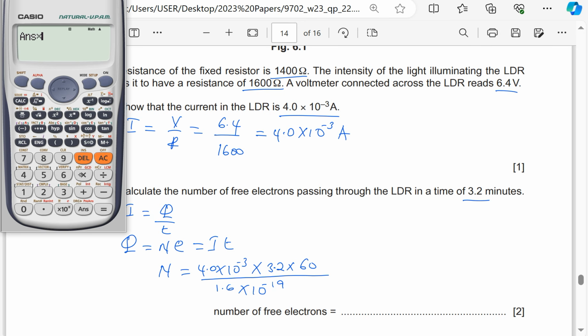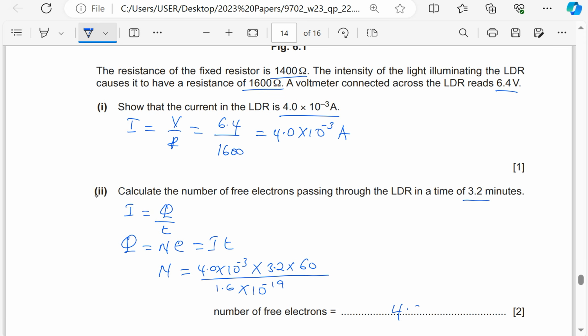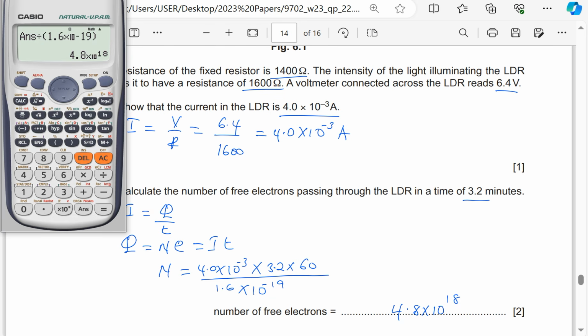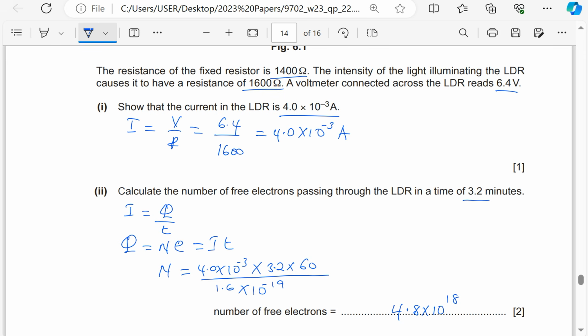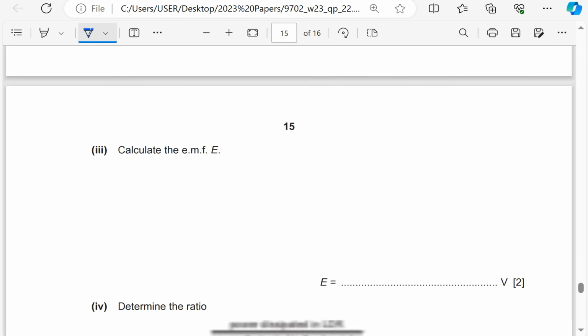So this gives us 4.8 times 10 to the power of 18. So that is the answer there.